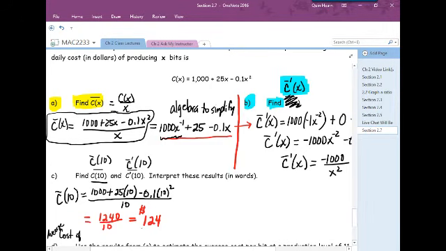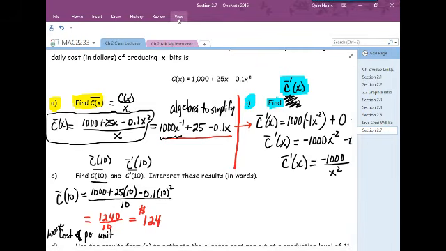You know how the cost of producing the first unit is high because you've got your rent and everything? So if you only produced one unit, that unit might cost $1,000 to produce. But the 9 units after that only added another $240 to the cost. So on average, it comes out to $124 per unit. So the average cost per unit.